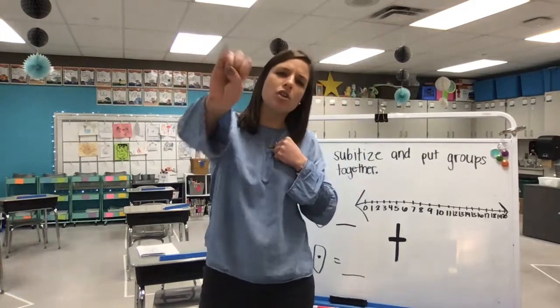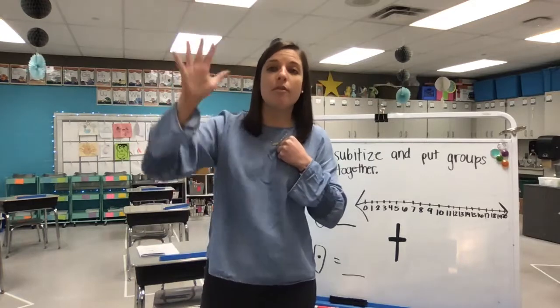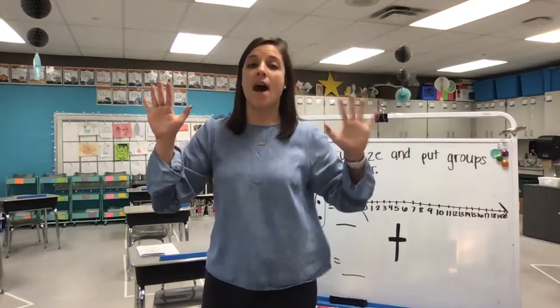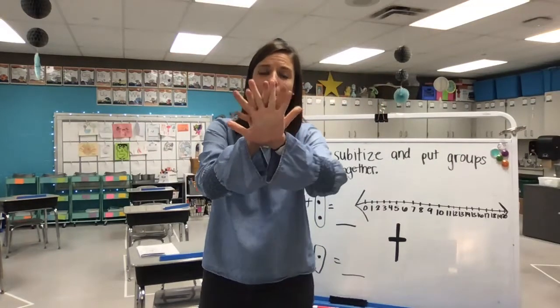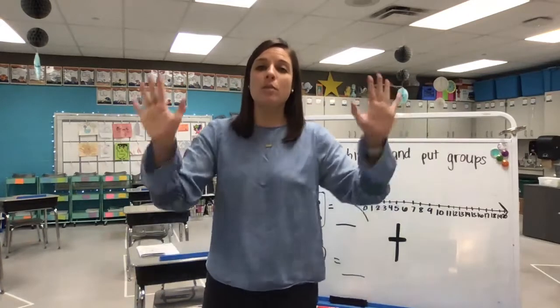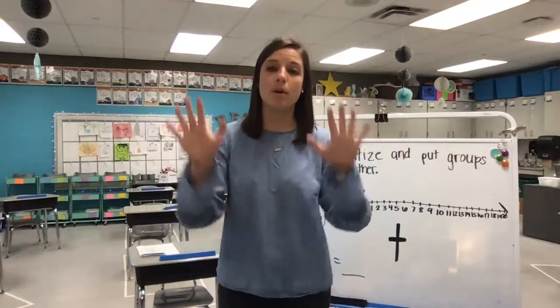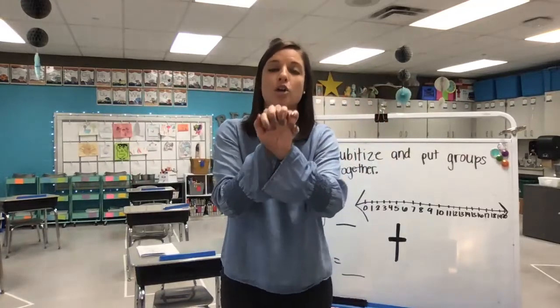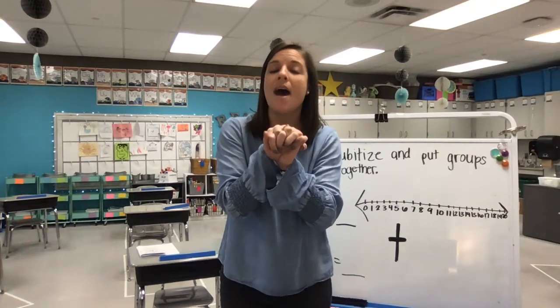How many fingers are on one hand? 5. So we have a group of 5 and a group of 5. When we put those groups together, how many fingers do we have all together now? 10. So when we sing our song, the reason we move our hands is we are showing that we're putting our groups together. Our group gets bigger because 10 is greater or bigger than 5, right?